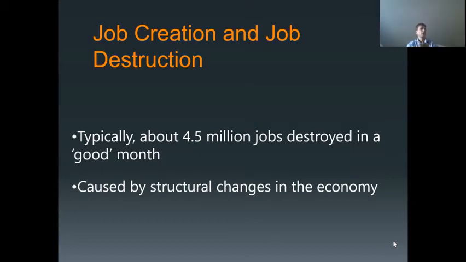Now it's creative because one, it's creative to make those machines, but also there's a job now in making and maintaining those machines. So jobs are destroyed, jobs are created at the same time. So that's why about 4.5 million jobs are destroyed in a good month. So that's what we mean by creative destruction and frequent turnover.